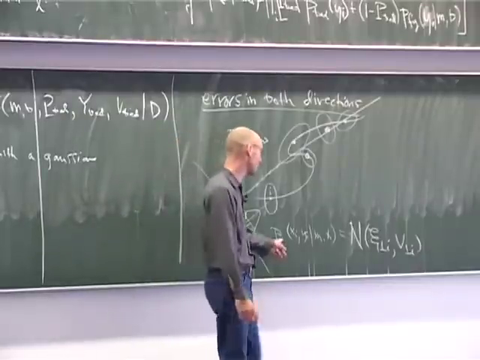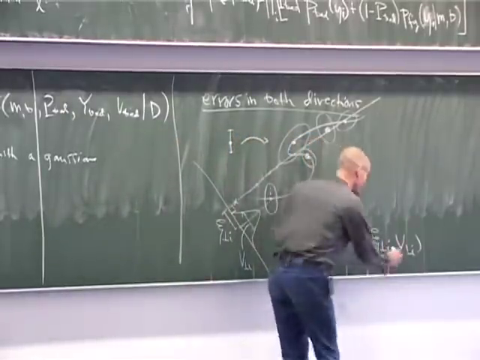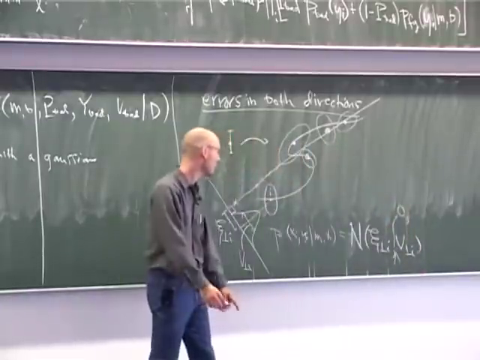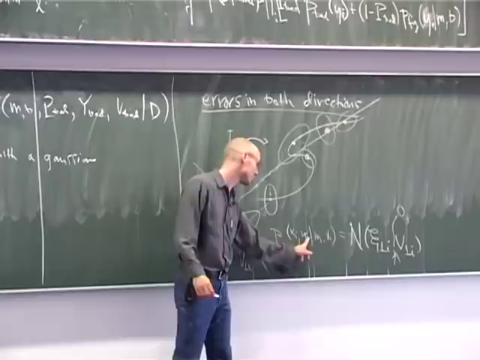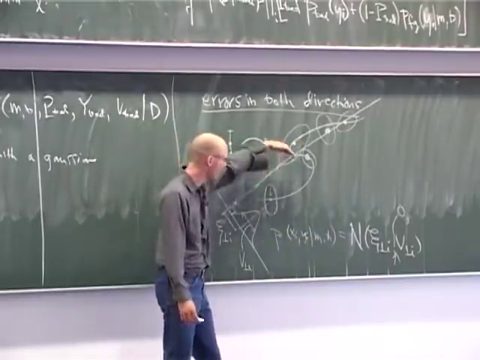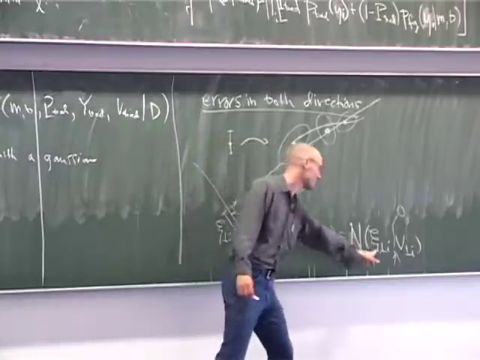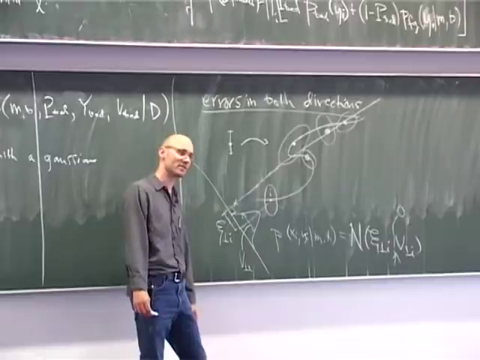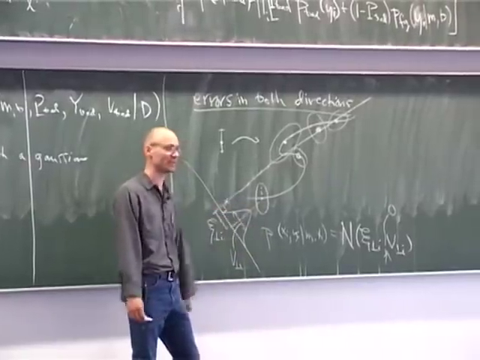The probability of this data point in 2D, because this is a linear function and I can just do this projection, becomes just the 1D probability of this perpendicular offset and this perpendicular variance. It's just a mathematical projection of the 2D problem.